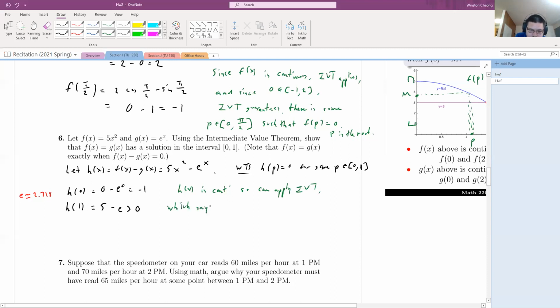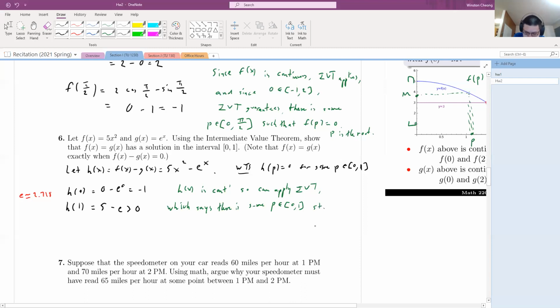Which says there is some p in the interval 0 to 1. I was just reading my handwriting; it got a little bit weird.